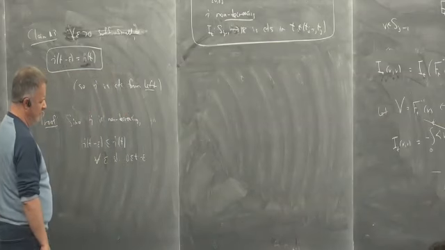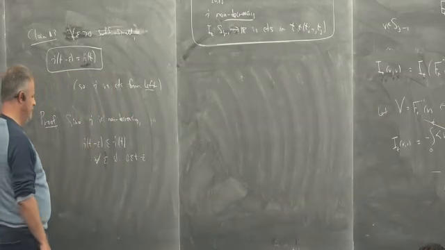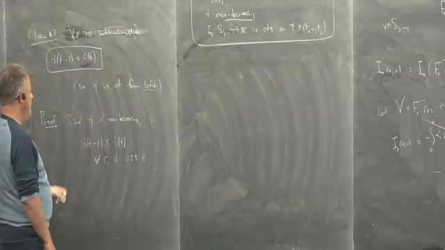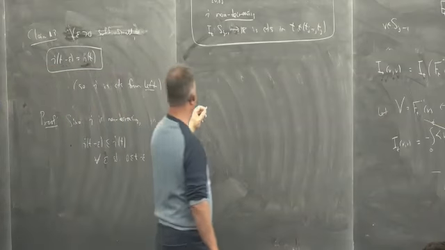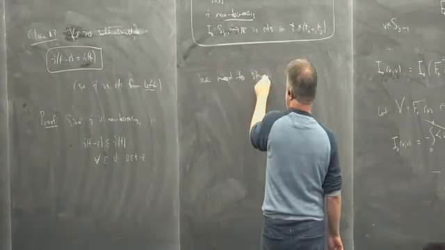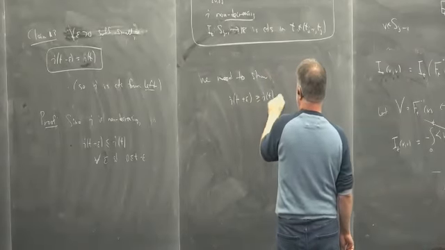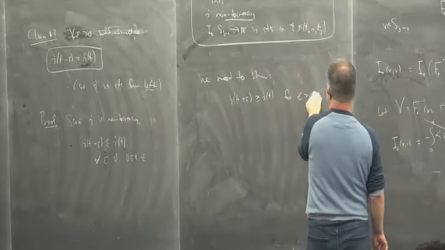Remember, t is bigger than 0 now, otherwise this doesn't make sense for times that are less than 0. So this is fine. We need to show the opposite inequality. We need to show that i of t minus epsilon is at least i of t for epsilon sufficiently small.